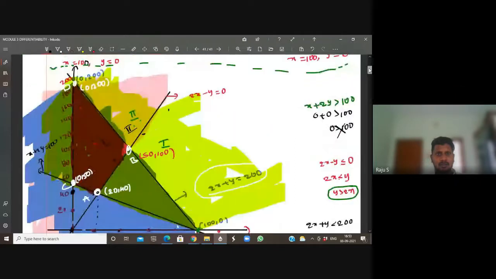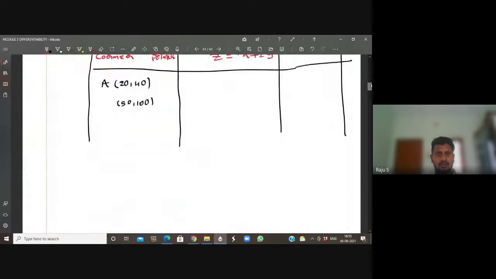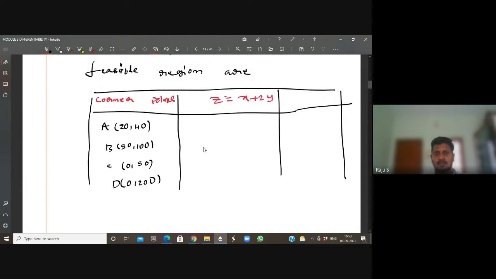Another one is 0 comma 50, 0 comma 200. Substitute these values here. When it is 20, 40, what is the Z value? Is it 100? Yeah, 50 plus 200, 250.